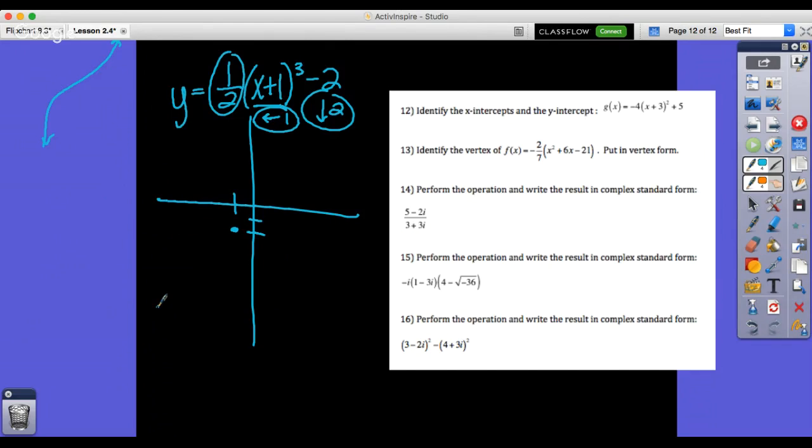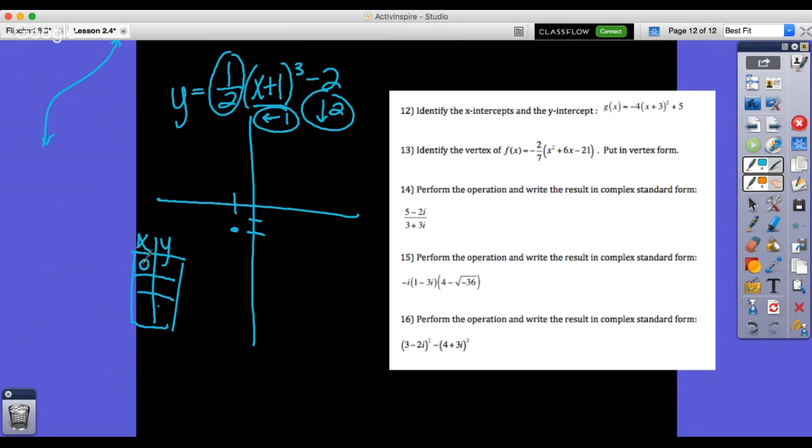Okay, so now just to make sure that we have the graph where it needs to go, I would just plot a point or two. How do you plot a point? I just pick maybe 0, just to make it easy.